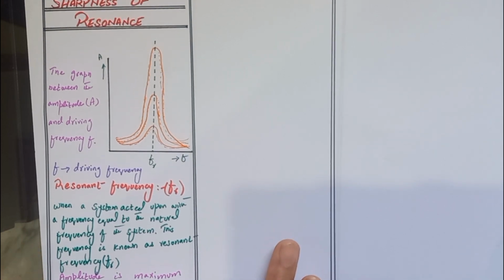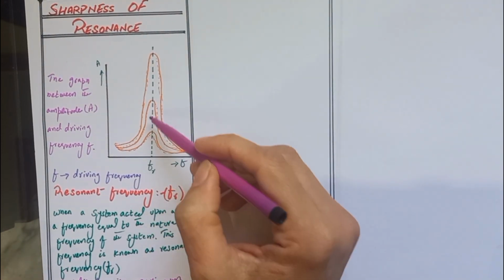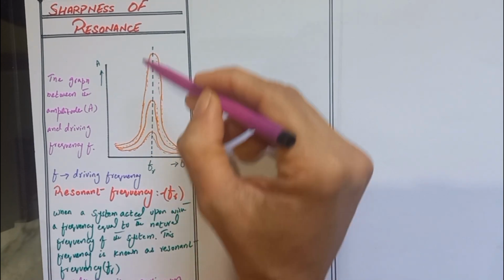If we look at the graph, this is the resonant frequency. At the resonance frequency, the amplitude of the curve is maximum.